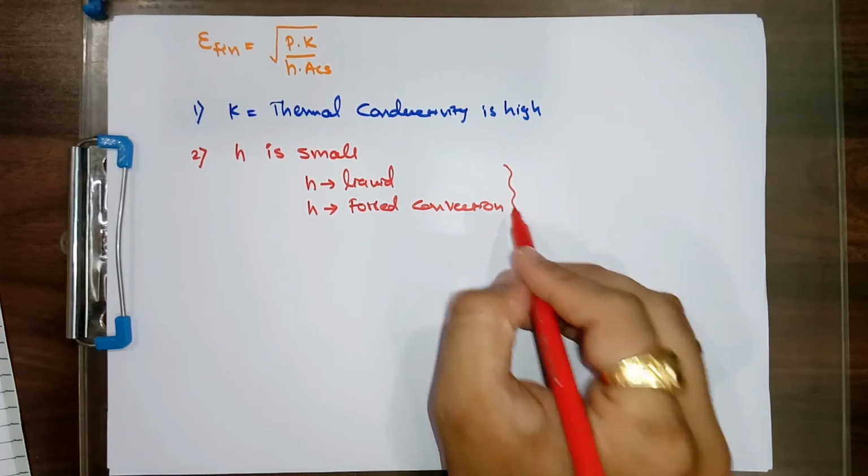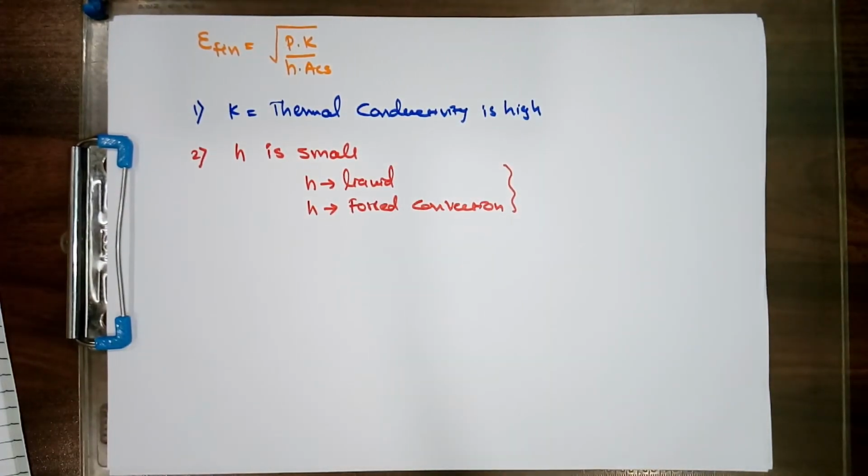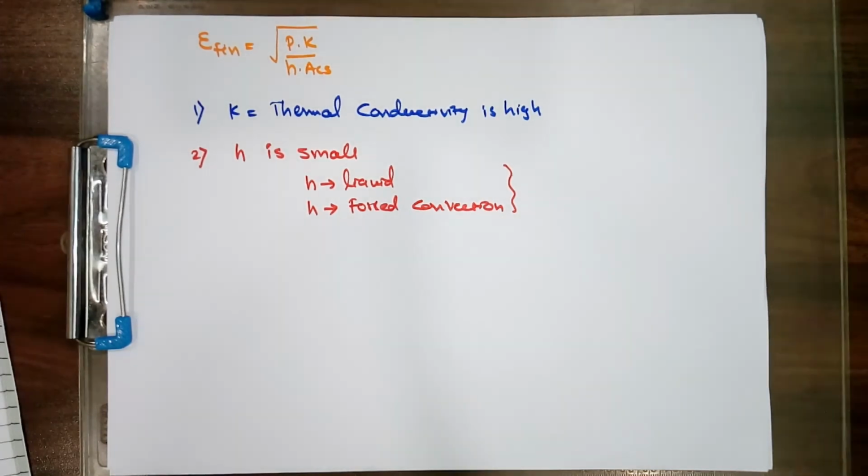It means the fin is only effective when the convective heat transfer medium is a gas, meaning air or any gases, and in natural convection it is very suitable. So this is the second conclusion from the effectiveness of the fin.